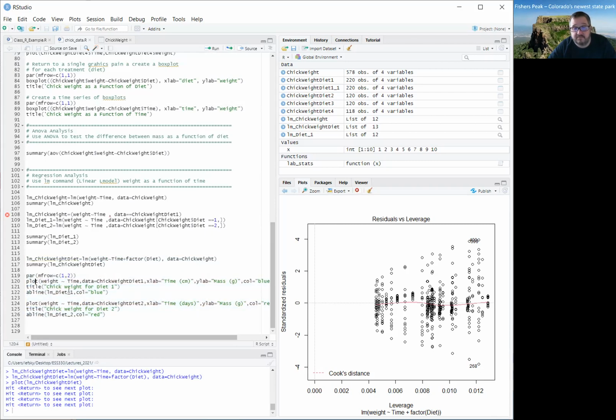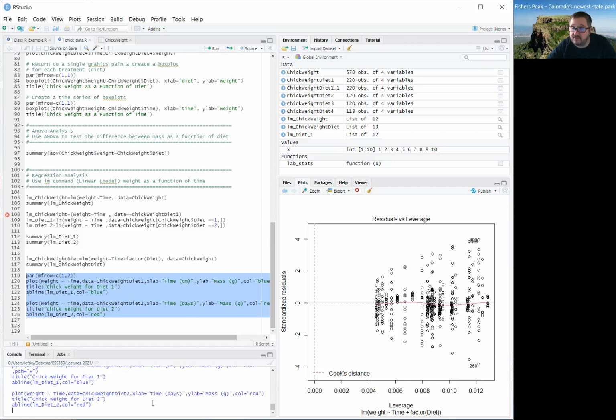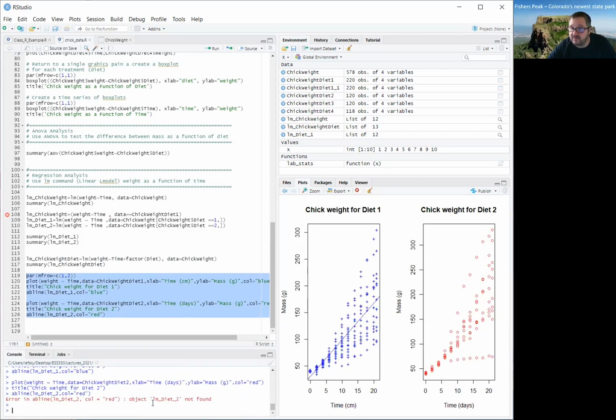We're going to look at plots for chickweight diet 1 and chickweight diet 2, diet 1 and diet 2 taken separately, and we'll make it nice in the graphics.